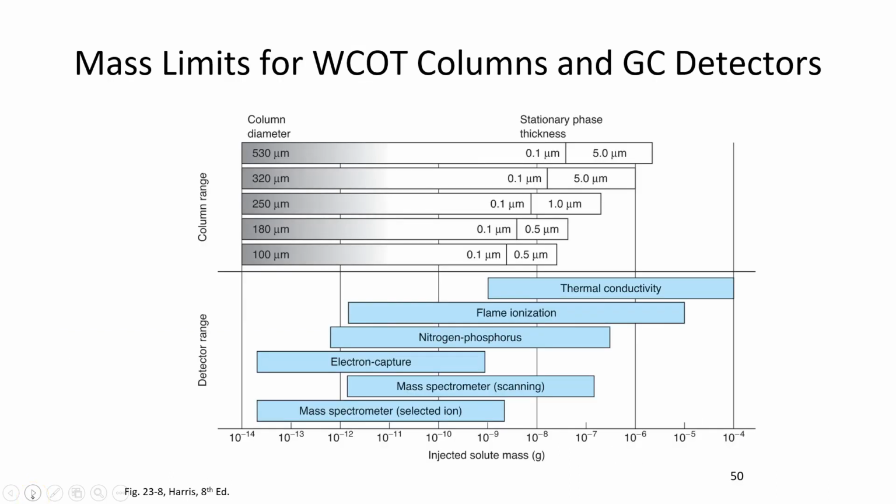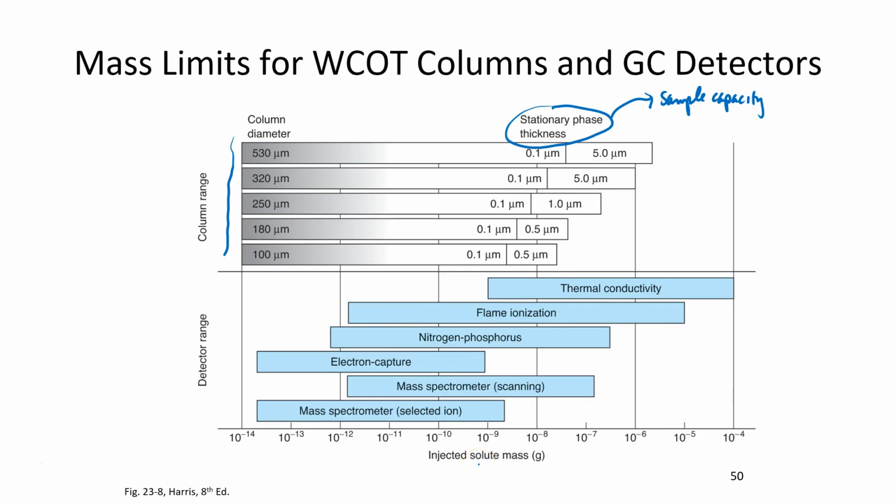So one final slide to kind of tie things together. We're looking at a figure where we have different types of columns with different types of stationary phase thicknesses, which again is related to that sample capacity. And we've also got various detectors down here.